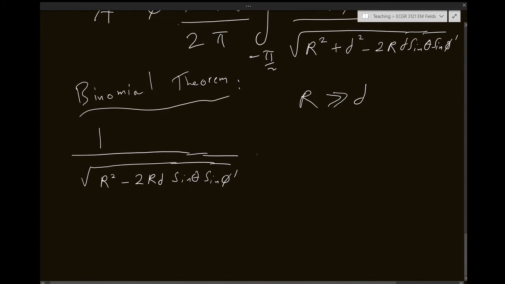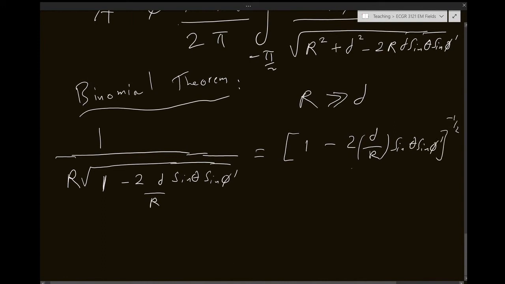And I can take r squared out, so I end up with 1, and the square root of r squared gives me r. So this is my simplification. This is equal to 1 minus 2 d over r sine theta sine phi prime, to the power minus half, over r.